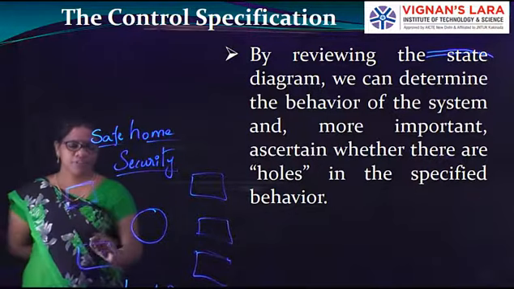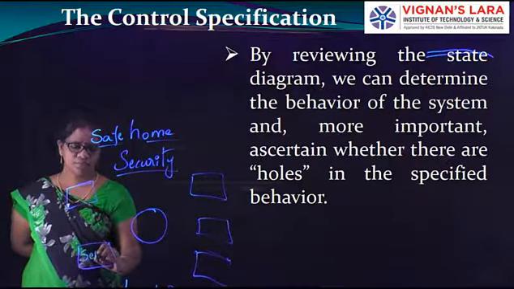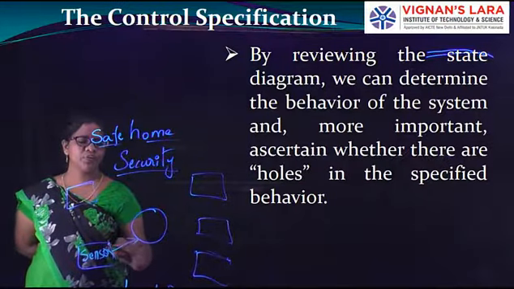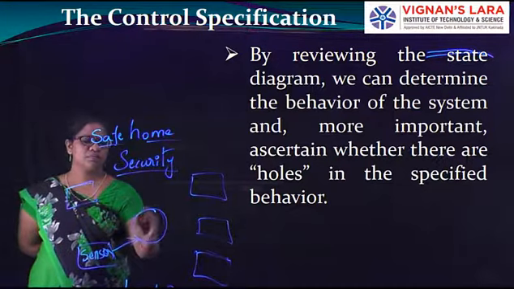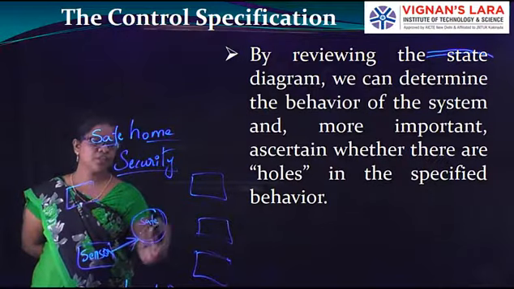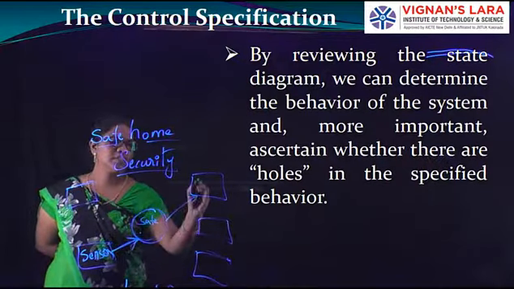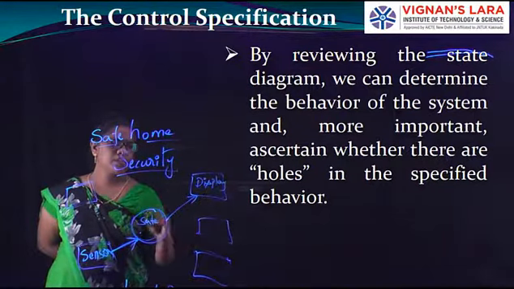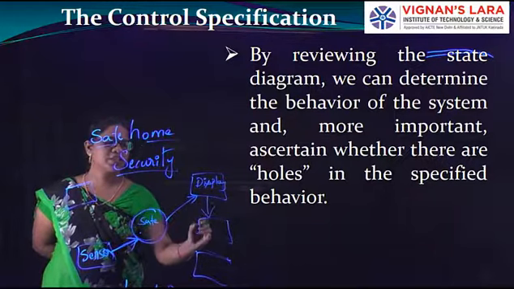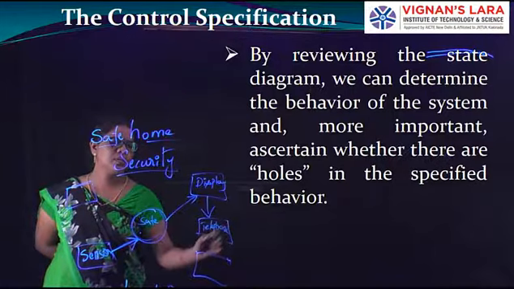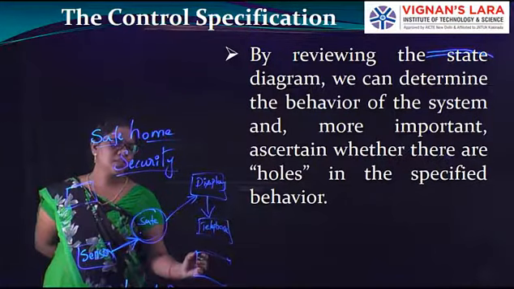For example, when a sensor senses some information, how does it give it to the safe home security software? When the sensor gives some information, how does it go to the display, control panel or display, whatever it is? From this display, how does it come to the telephone? Whether the information has to pass through the telephone, or through some message.